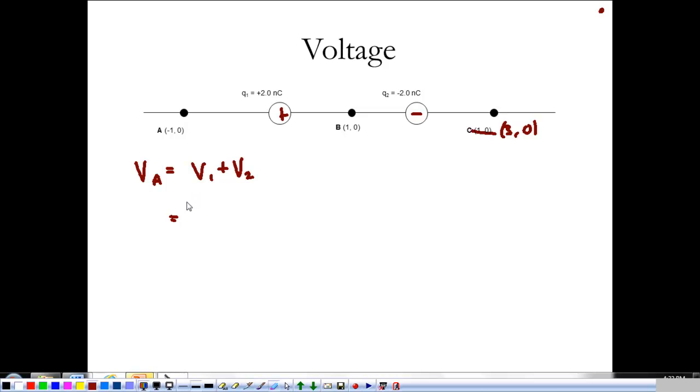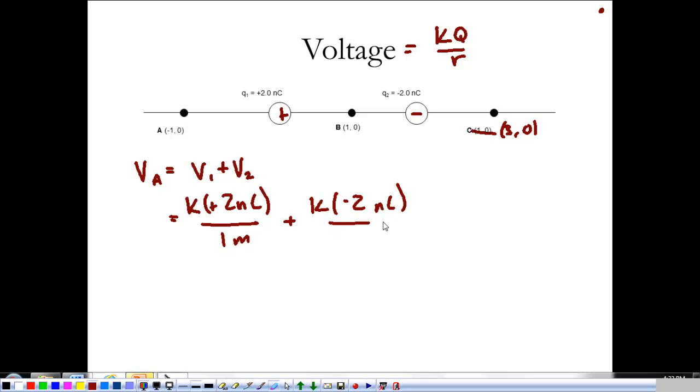So the voltage from charge 1 is K times Q1, positive 2 nanocoulombs, divided by 1 meter. Not squared because it's voltage. It's a whole different formula. That's KQ over R. Plus K times negative 2 nanocoulombs divided by 3 meters.